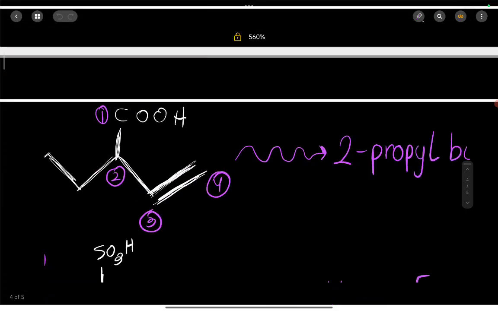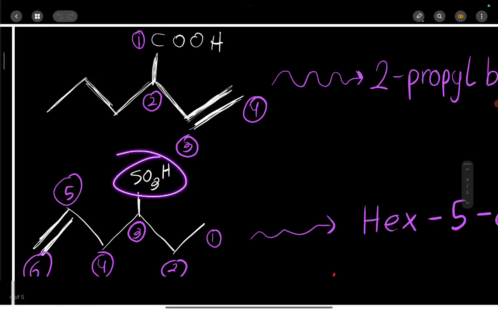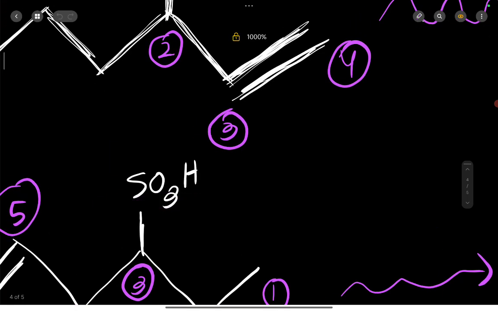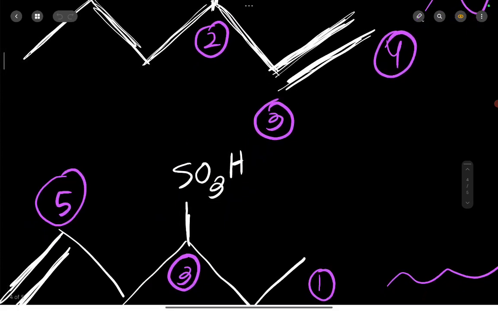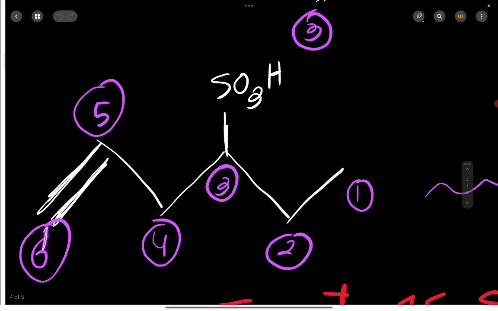Okay. But say instead of carboxylic acid, there was sulfonic acid. So now we cannot start numbering from here. Sulfonic acid does not contain a single carbon. Find the carbon. I'll give you 7 years. You won't be able to find a carbon here. So where do I start numbering from? Well, this is a very good priority functional group. I can start it from here. But no, why will I start it from there?